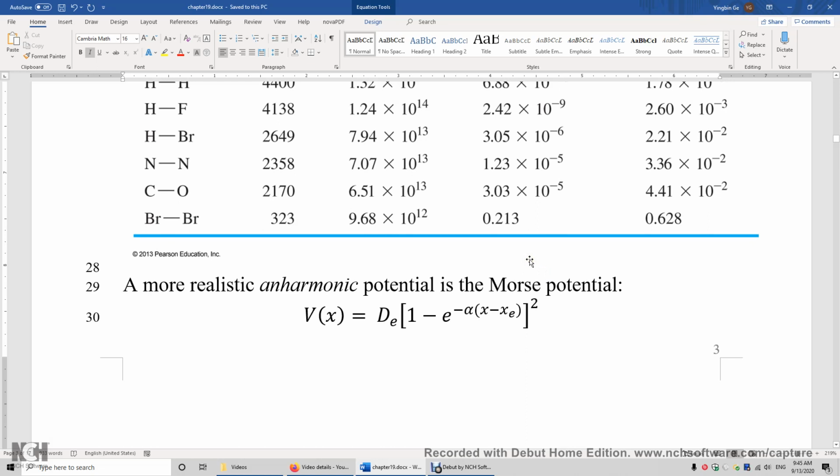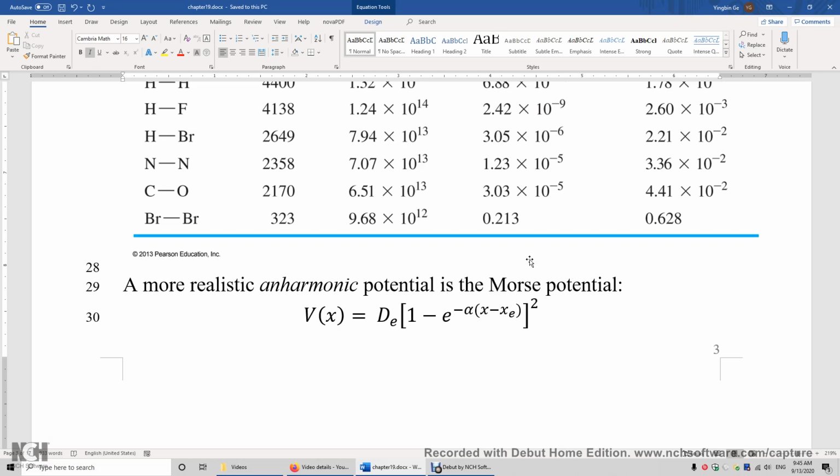Now let's look at the diatomic molecules again. They are not really a harmonic oscillator. If you have a harmonic oscillator, the potential energy is half kx squared. That means if you keep stretching the diatomic molecule, if you keep stretching the bond, the potential energy keeps increasing. But that's not the case in the real world.